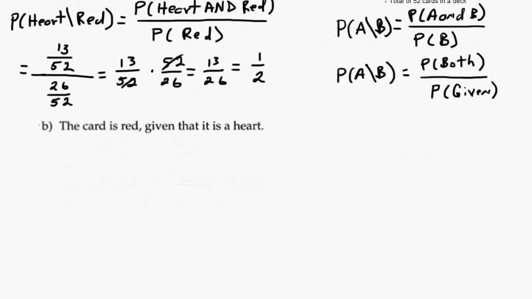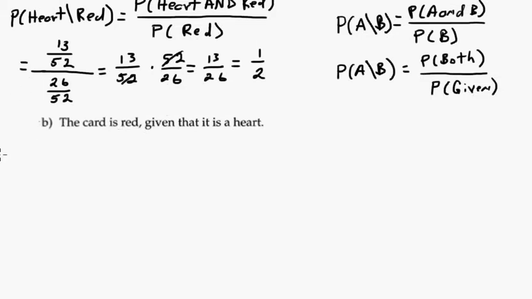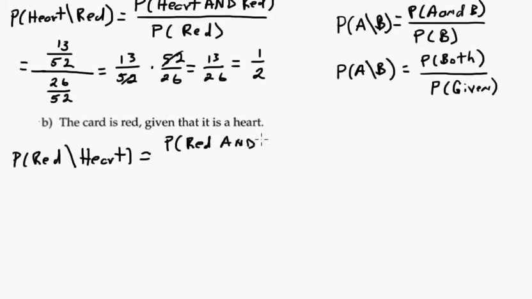Let's look at another one. What's the probability the card is red given it's a heart? Let's write out the formula. It's the probability of red and heart, divided by the probability of the given, which is a heart.